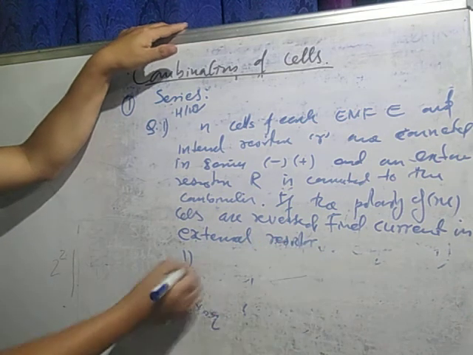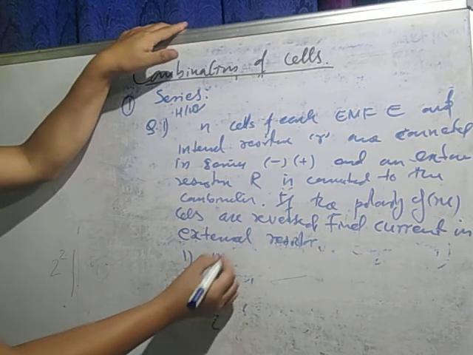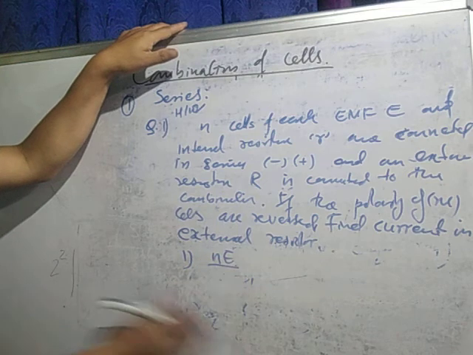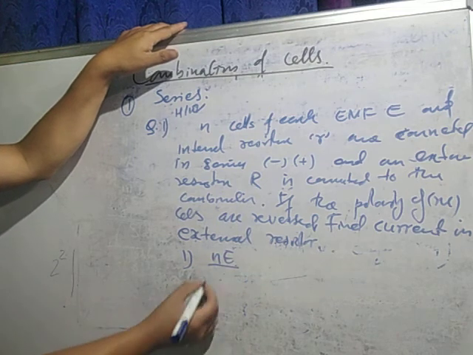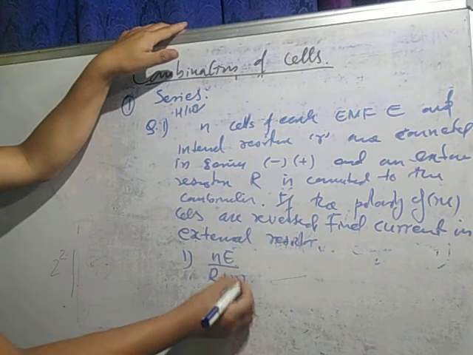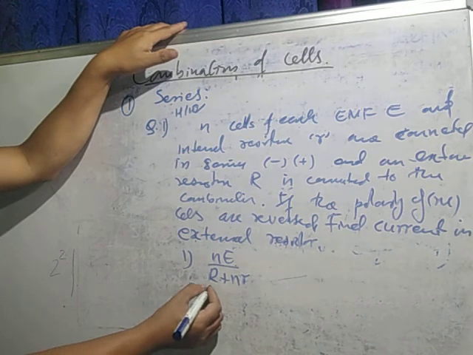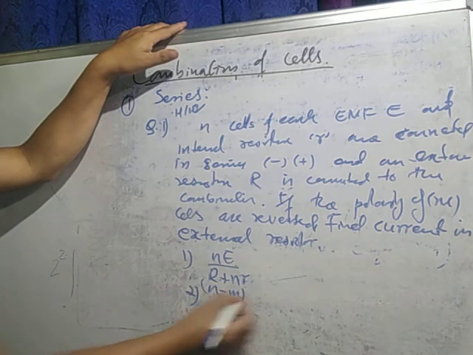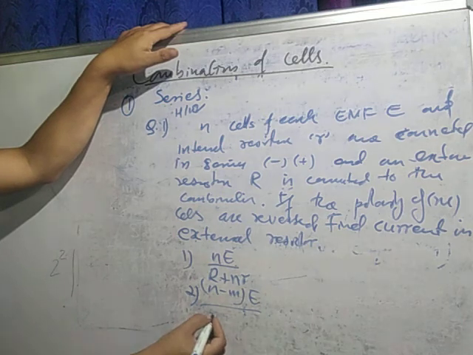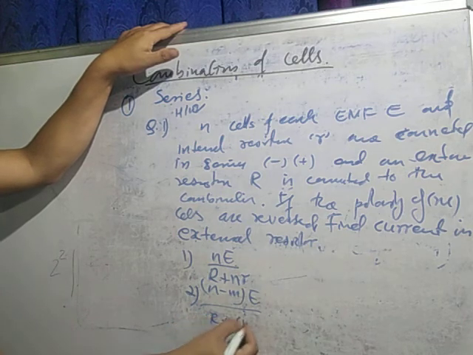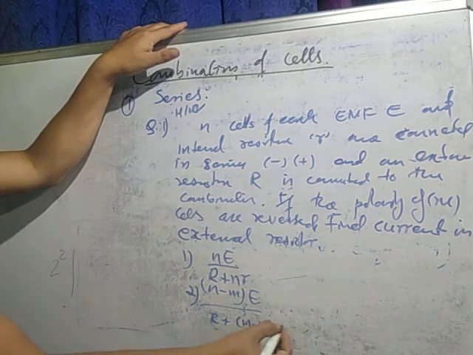Right, so the options are: first, Ne by R plus nr is the answer. Second, you have (n minus m)E by R plus (n minus m)r.